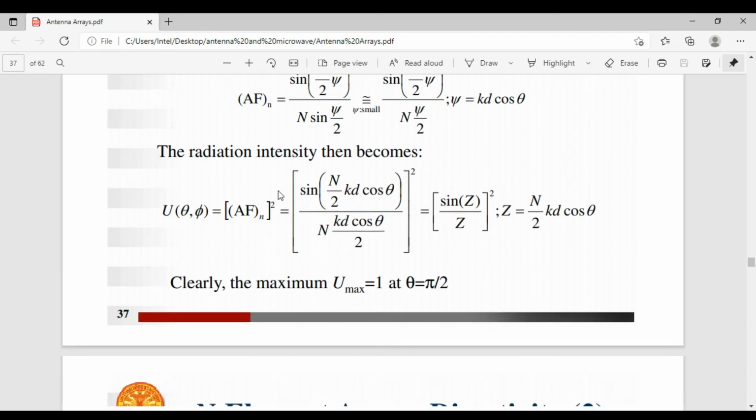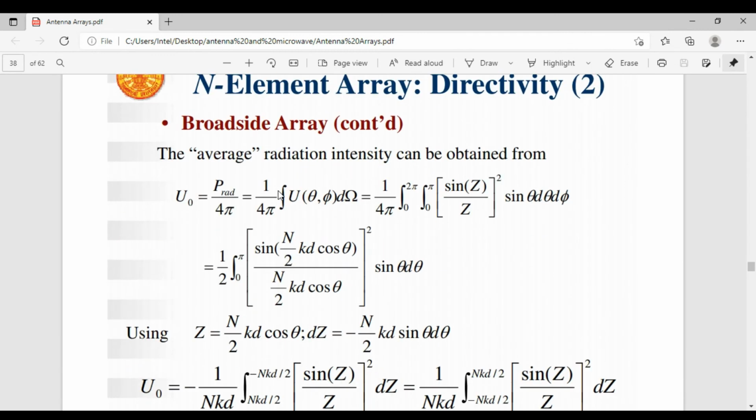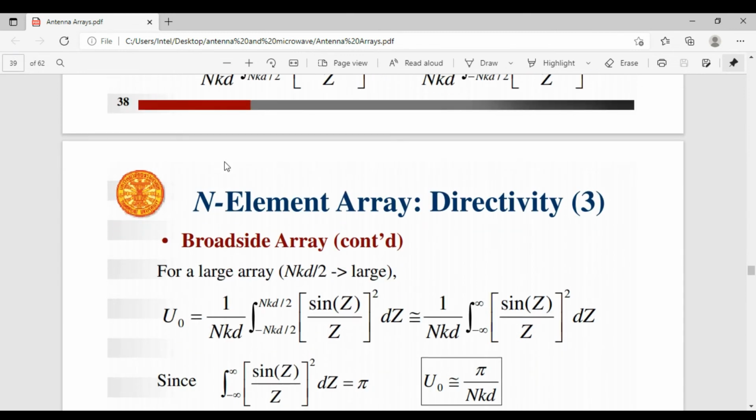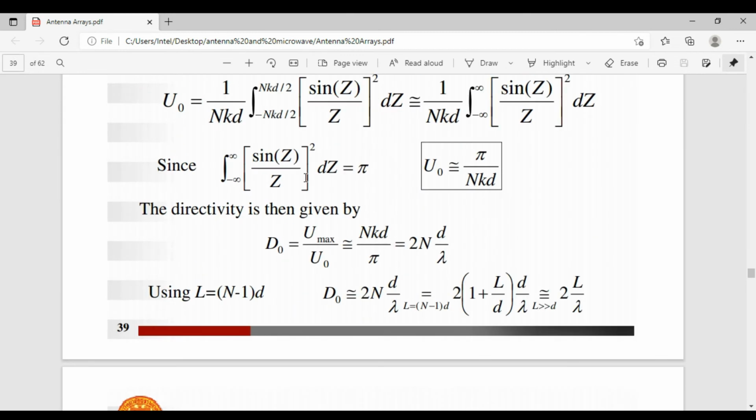Broadside array, the array factor. I already told you, broadside array means the elements have equal amplitude and the same phase. There is no phase difference. So the directivity of the broadside array is 2Nd by lambda.